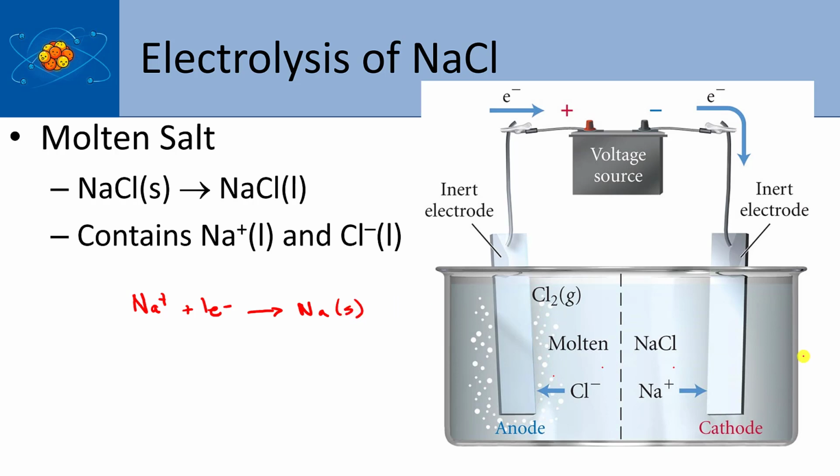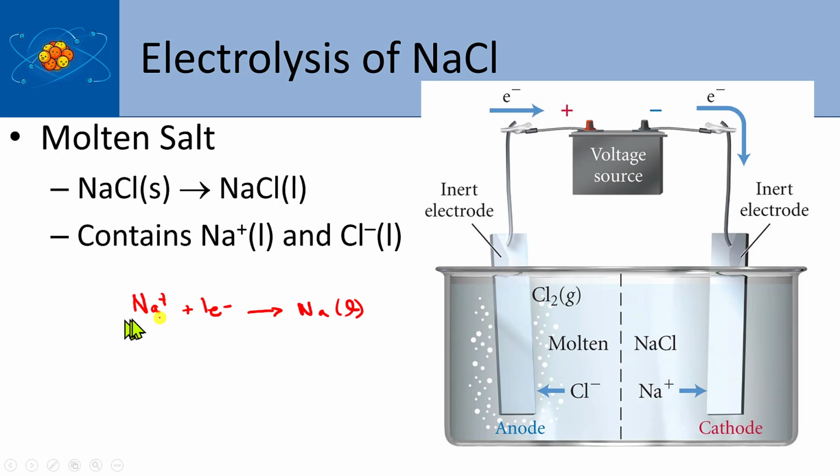Let me go ahead and put liquid in here because I'm pretty sure that's what that is. At the temperatures used to do the molten salt, it's probably forming a liquid sodium metal on the surface, which then comes off. Again, we're using inert electrodes because there's not an electrode that's really robust that you could make out of sodium, and then chlorine definitely couldn't be made into an electrode.